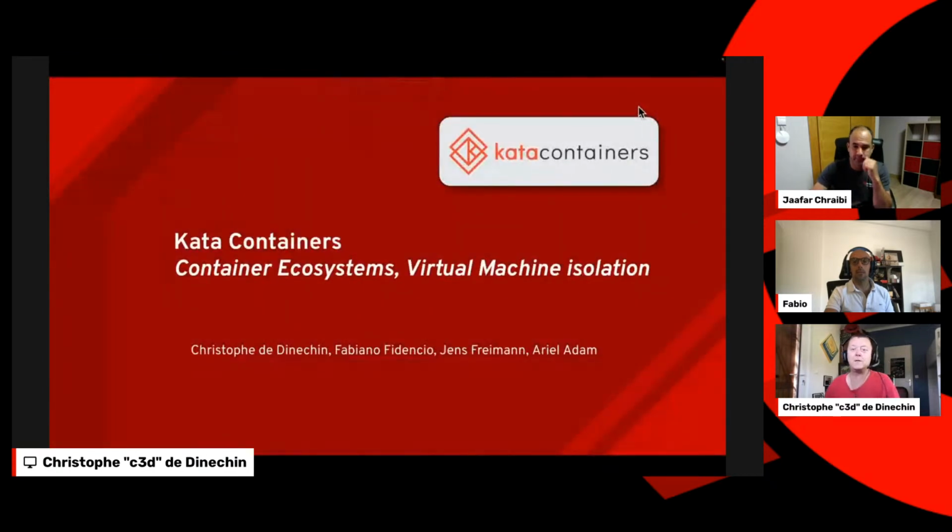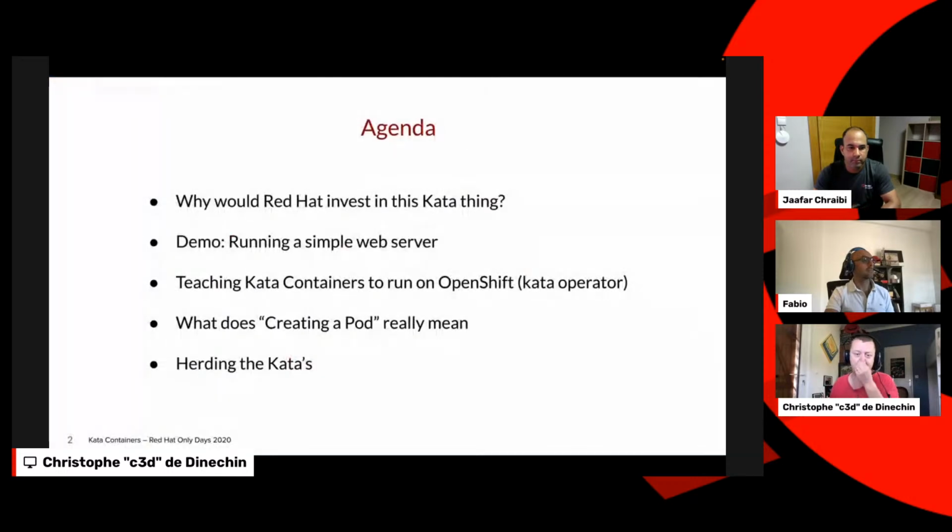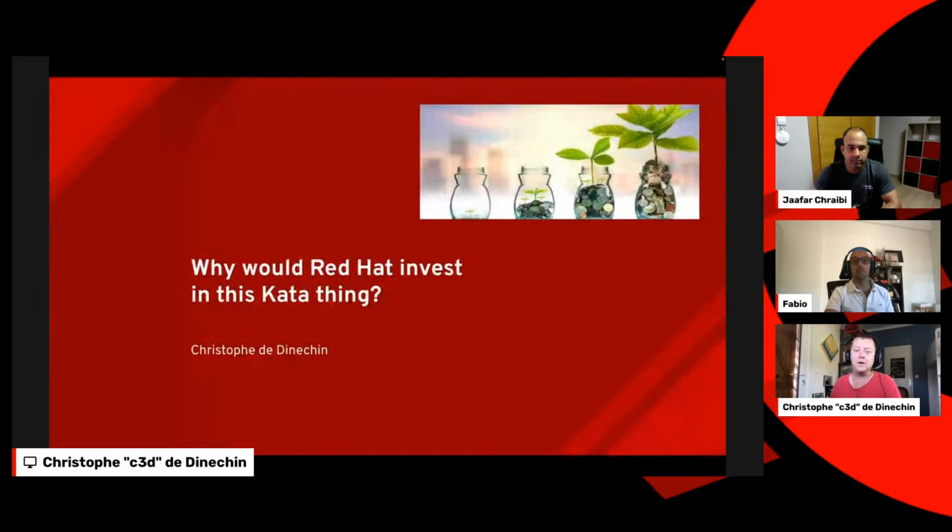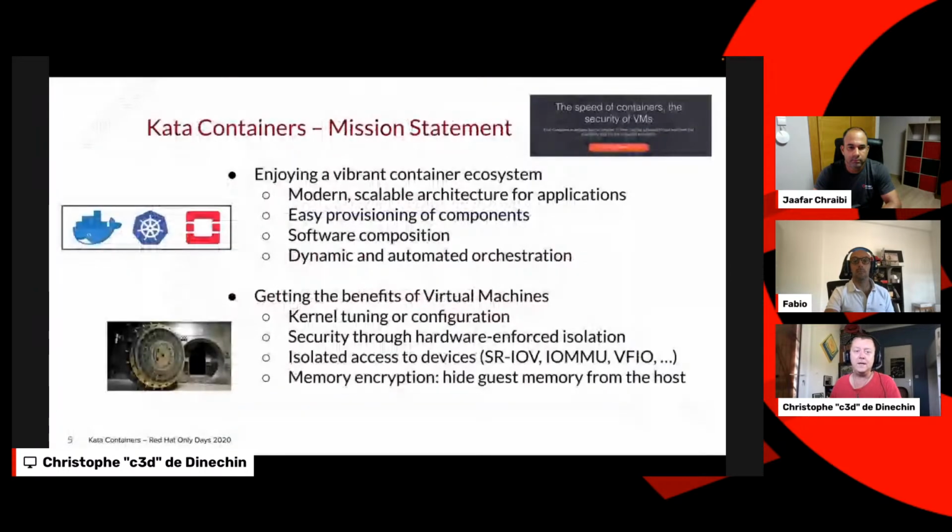This slide deck is a bit outdated because it dates back from a presentation I gave at DevConf.cz in 2021. But it's really an overview of what we are doing here.